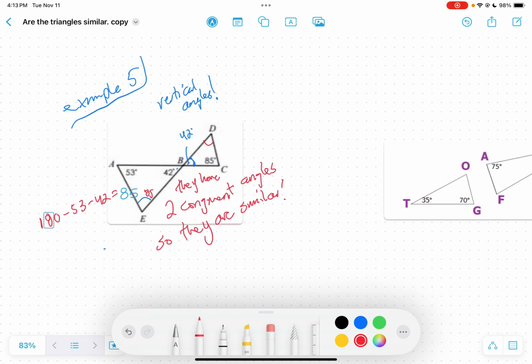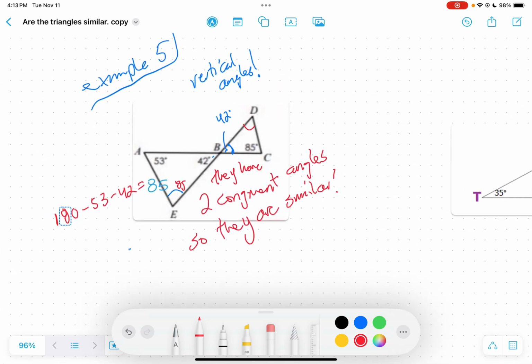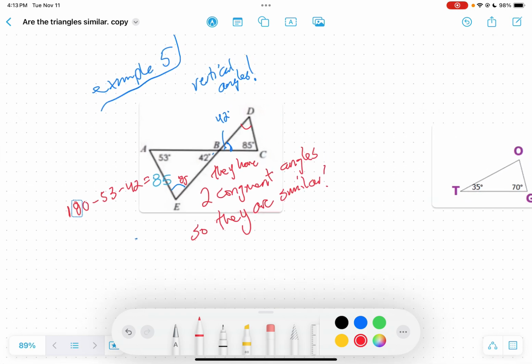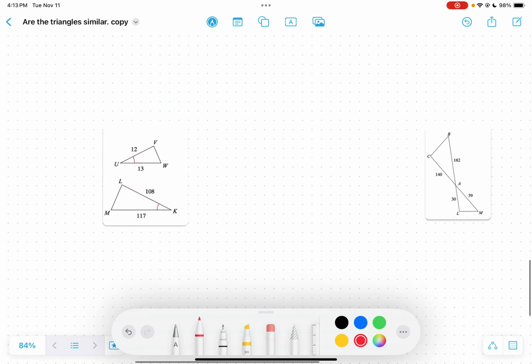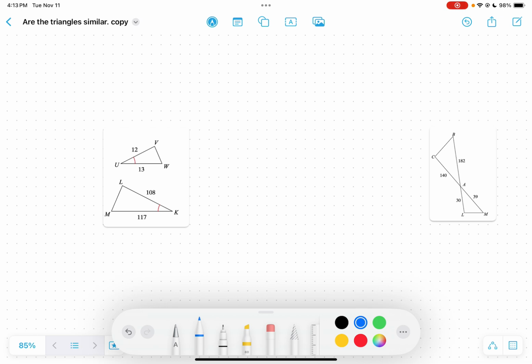I think that should be plenty of angle examples because the next one is just the same concept. So there's just one last thing that I want you to know about, which we're not going to focus on as much, but there's one other way to check similarity, and that's side angle side similarity.